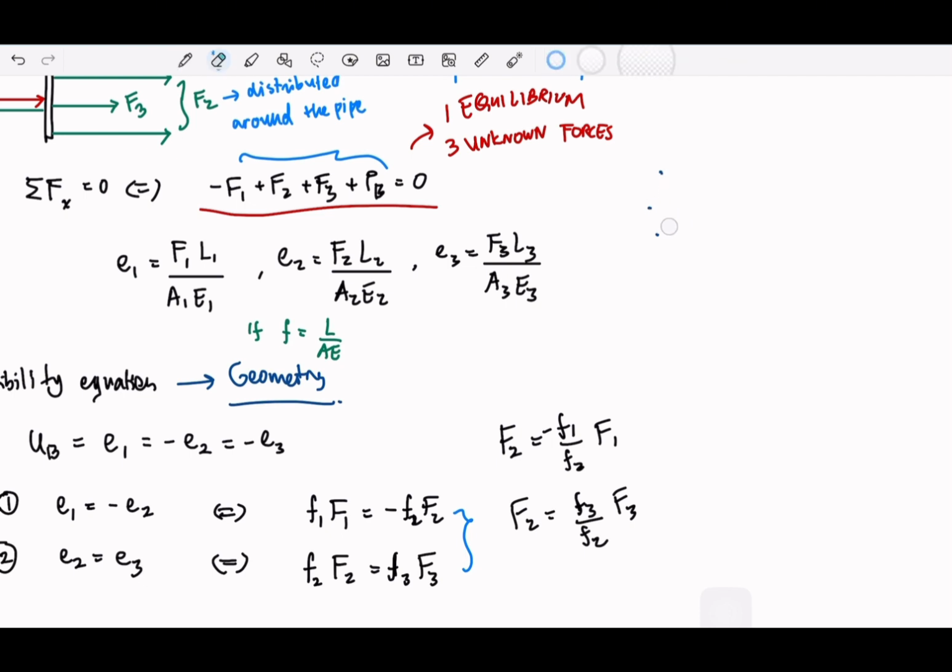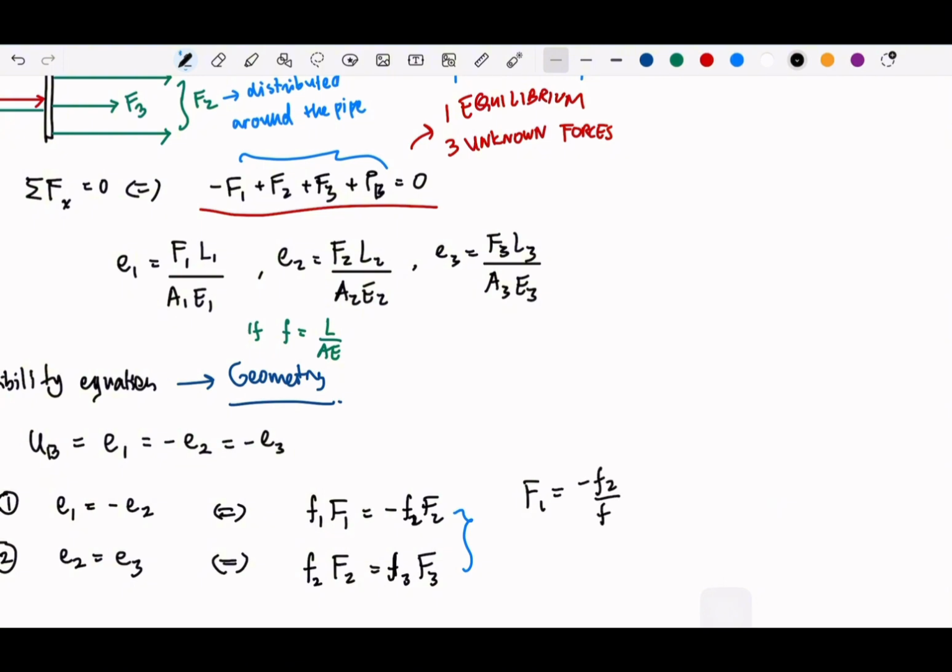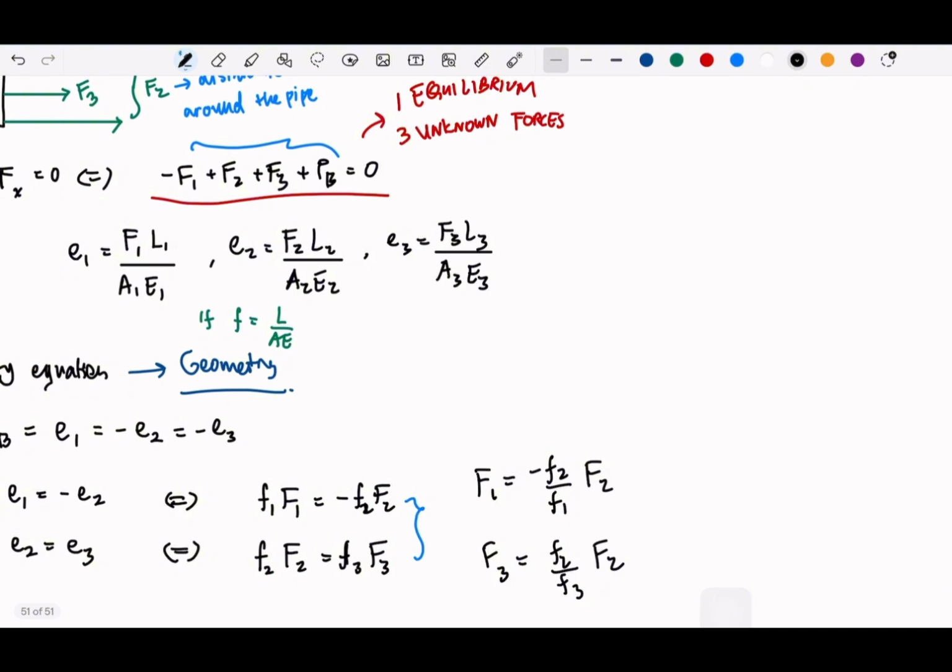Oh, this should be F1. So sorry, let me write this more clearly. F1 is negative F2 over F1, F2, and F3 will be F2 over.